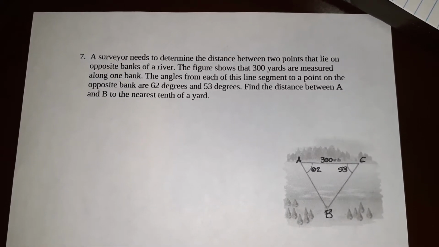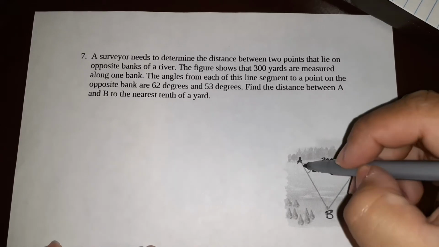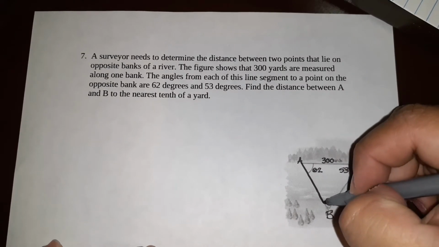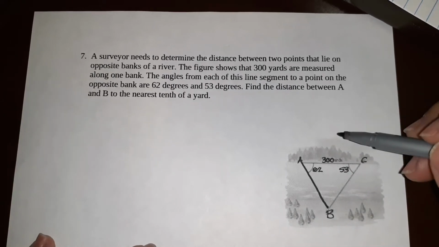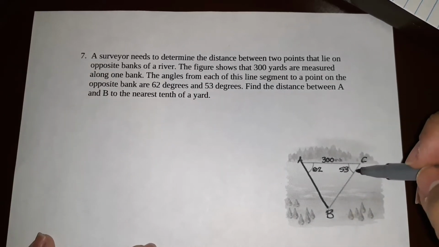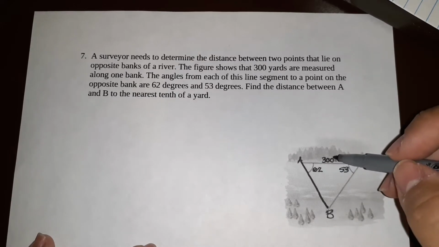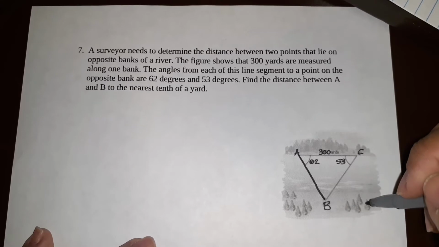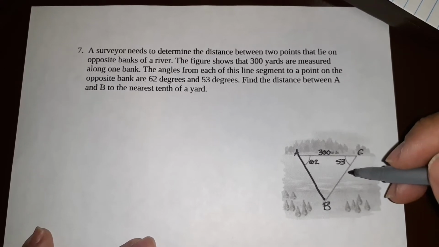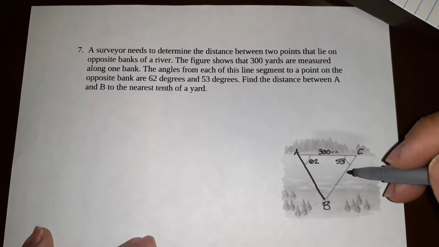Okay, so we need to find out what this is. So let's see. I have two angles and one side, and this isn't a right triangle. So I know either law of sines, law of cosines.